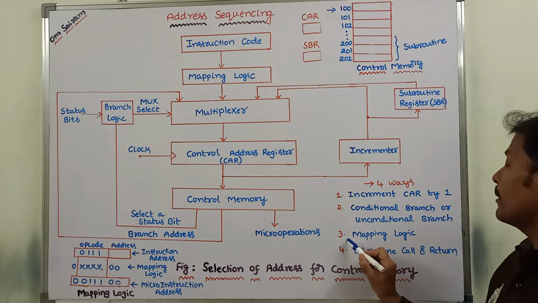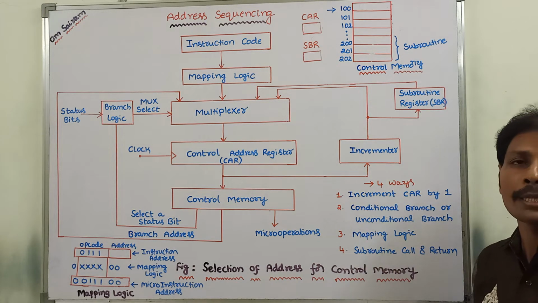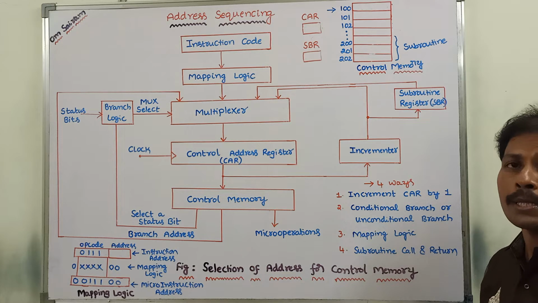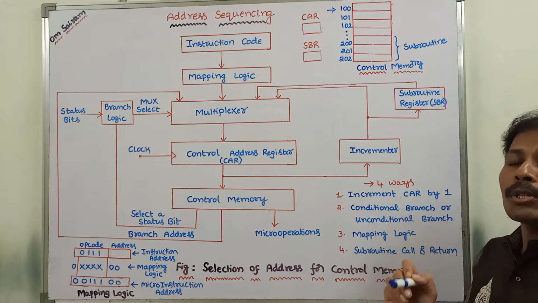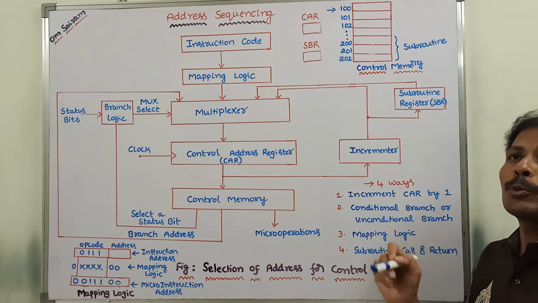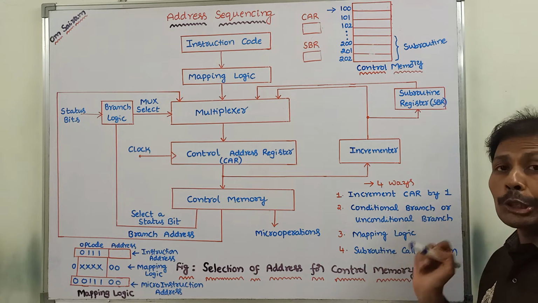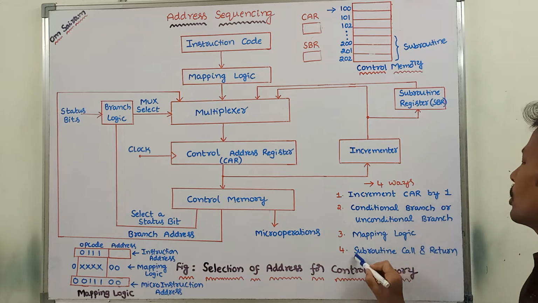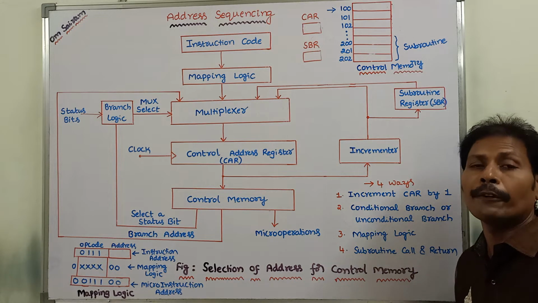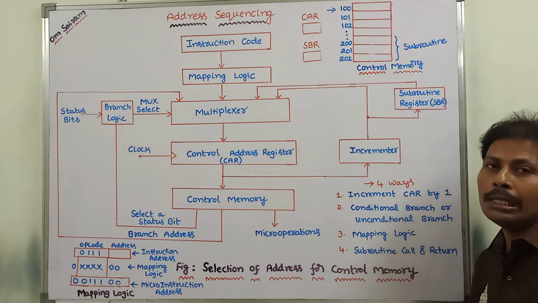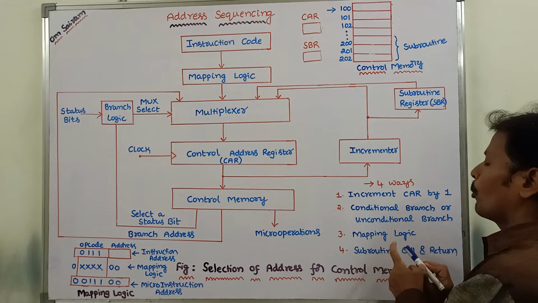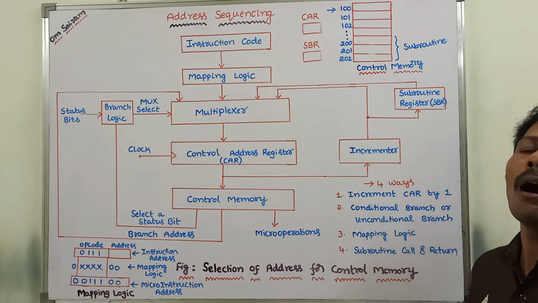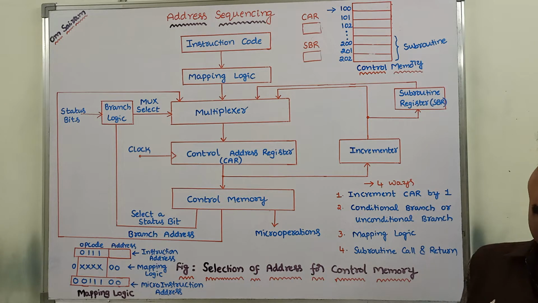The third way is a mapping logic or mapping process that transforms the instruction code bits to an address for the control memory. And the fourth one is a facility for subroutine call and return. So in these 4 ways we achieve the address sequencing capability.